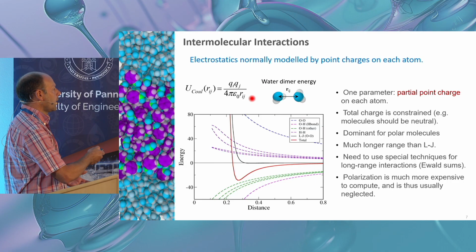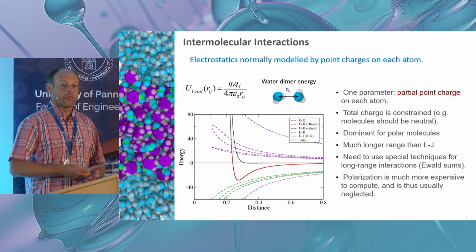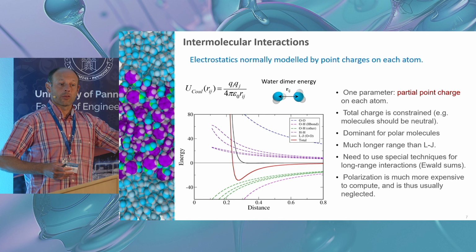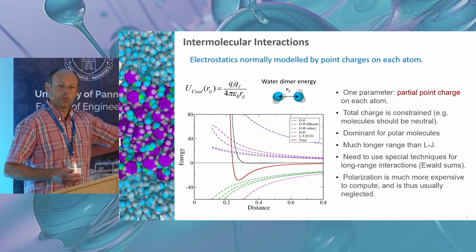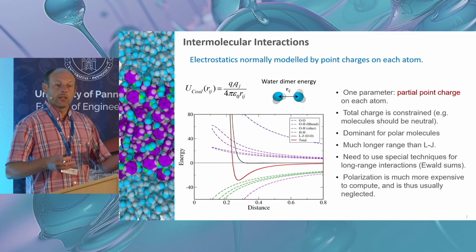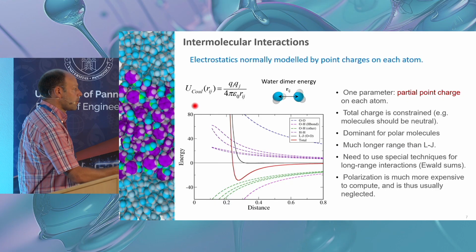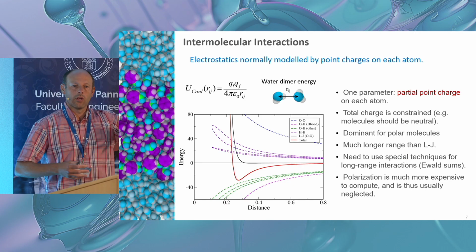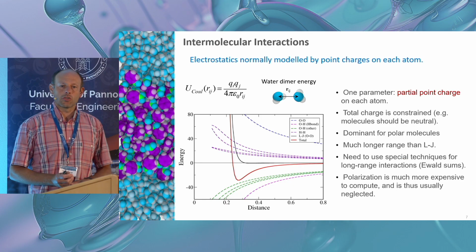So you see the interaction decays as R to minus 1, so it's very long range. Remember, dispersion is decaying as R to minus 6, and we use a cutoff. With R to minus 1, you cannot use a cutoff, okay? So you use special techniques like Ewald sums and derivatives of those to account for the missing interactions beyond the size of the typical simulation box.